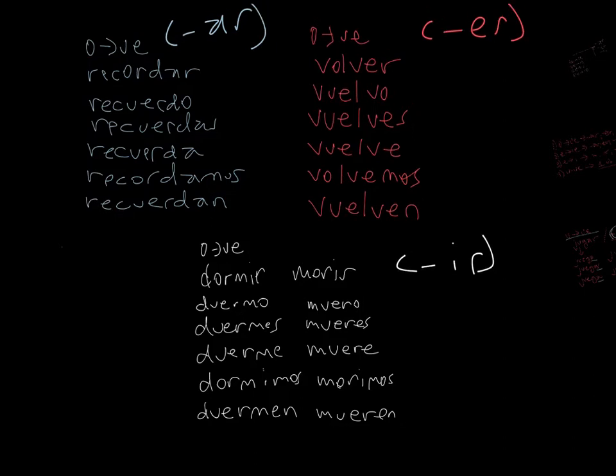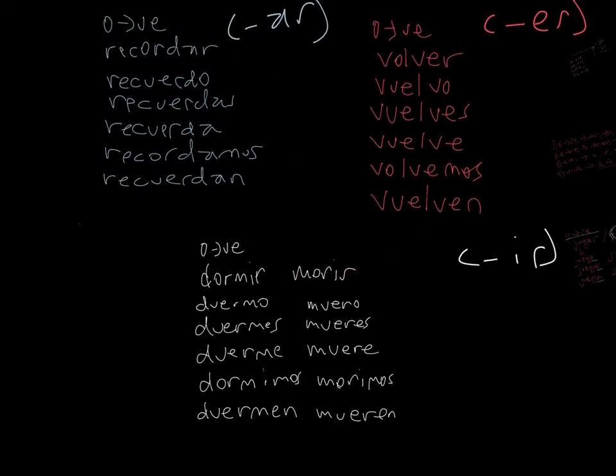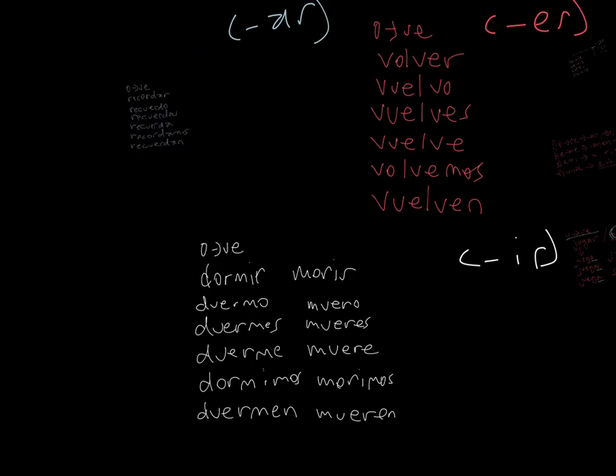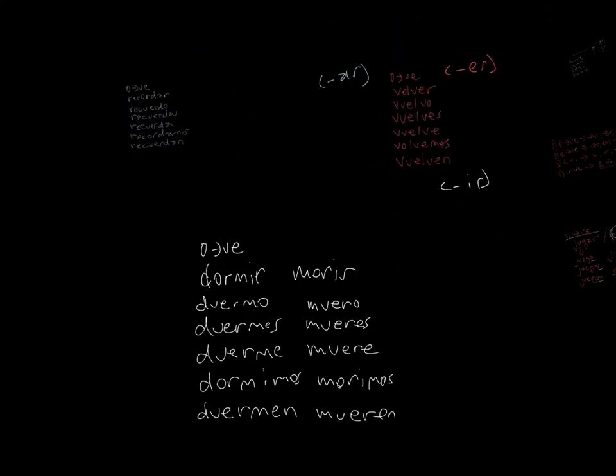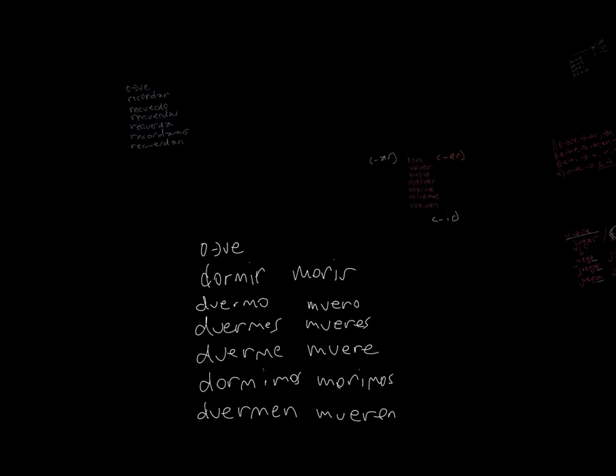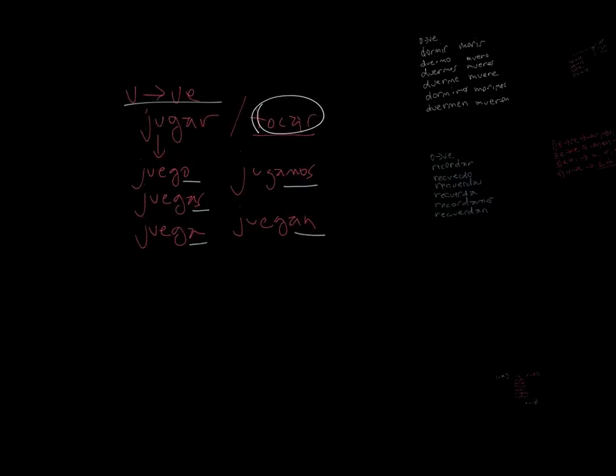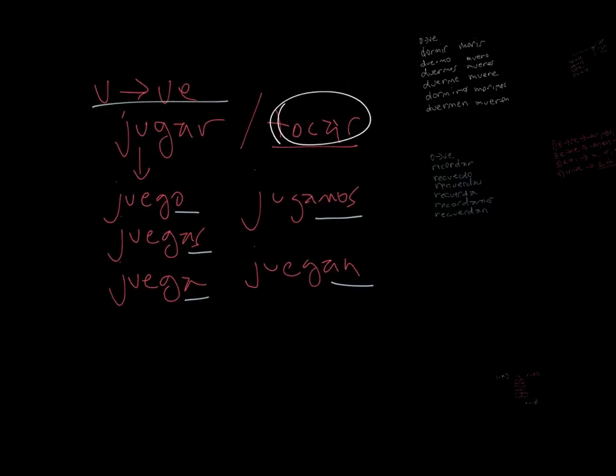Okay? Then if we go back to see the previous category, which was U to UE, in this category we had, right?